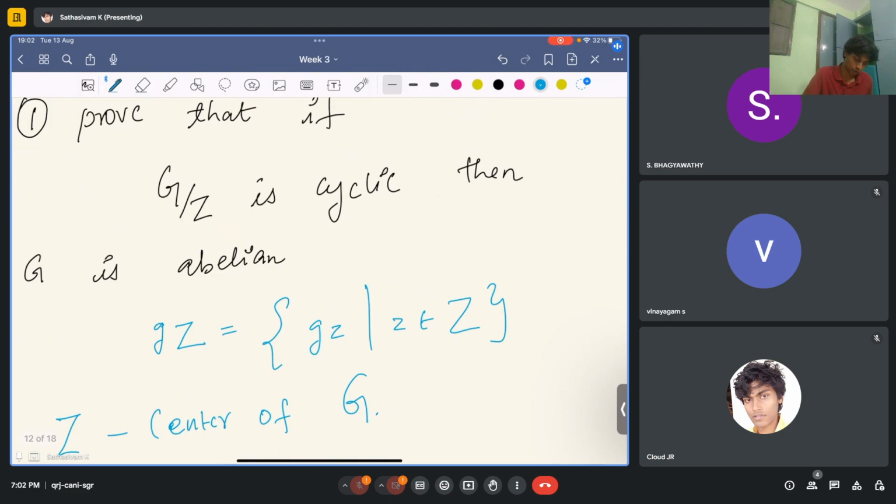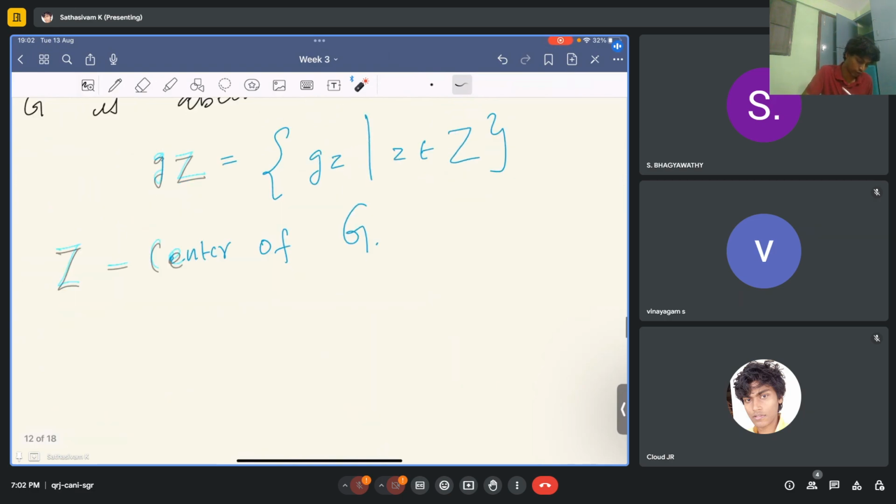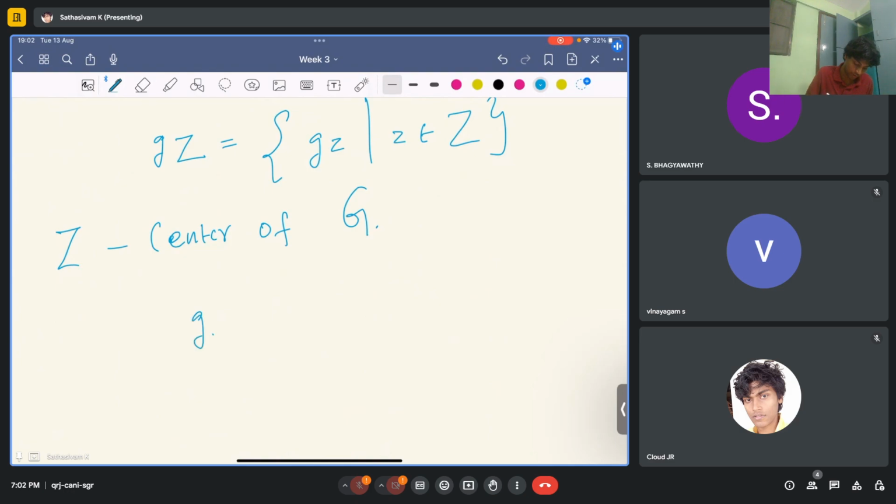If you look at G by Z, the elements are gZ, and the multiplication looks like this: if you have two elements, gZ times hZ, this is nothing but ghZ. So this is how the multiplication looks.